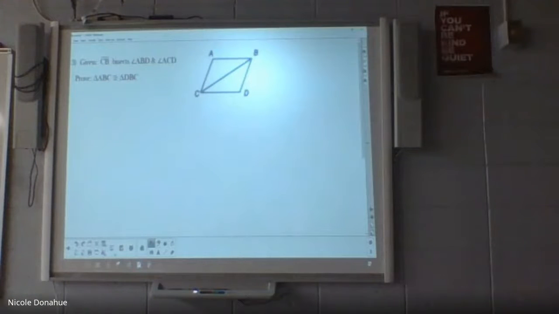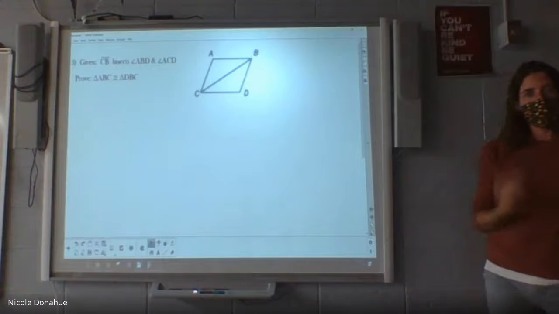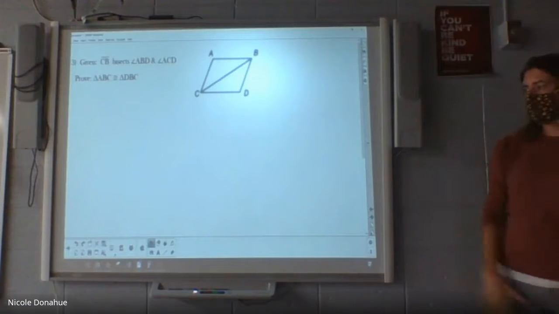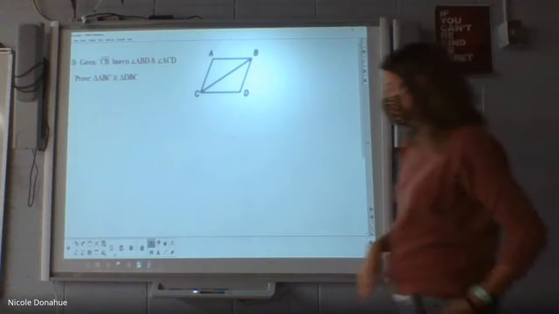So in this drawing, this one's a little bit tougher. We'll talk about what the given statement's saying, but again, we're gonna set up our statement and reasons.